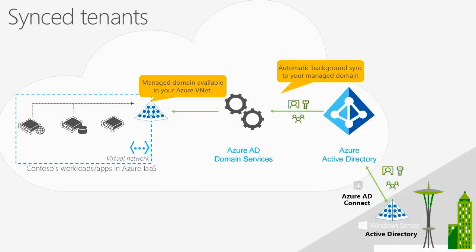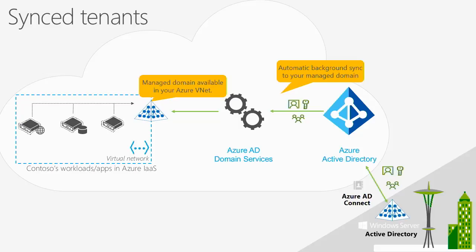So let's have a look at how it might work in a very common scenario where you've got your on-premises AD still, you may be synchronizing your users and groups and passwords up to the Azure Active Directory service using Azure AD Connect. You can leverage those users and groups in the managed service. So the way it works is basically, as I mentioned before, you've got Azure AD Connect pushing those identities and groups up to Azure AD, and that's something that you manage.